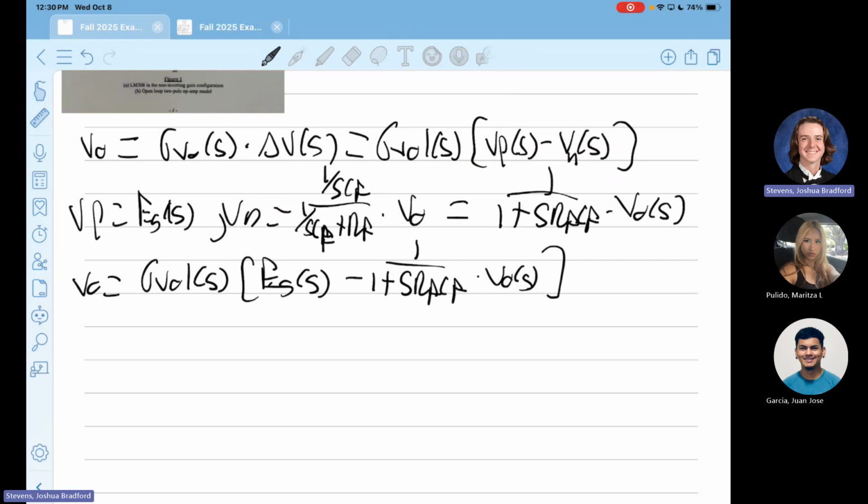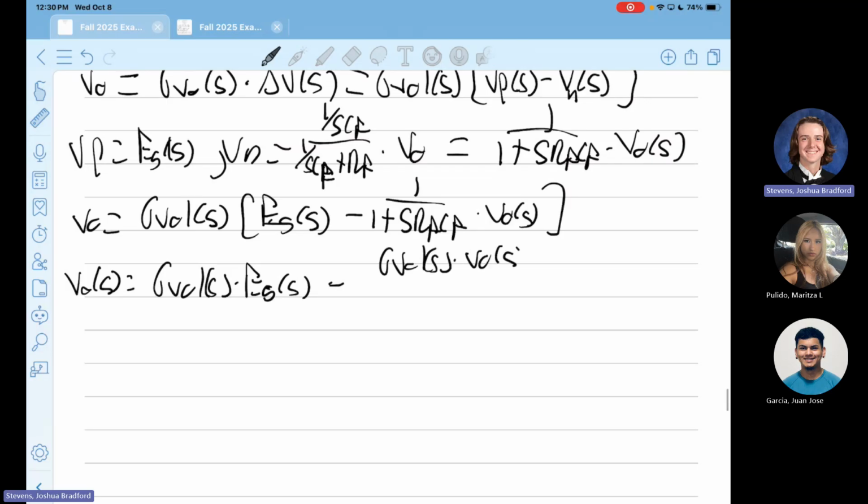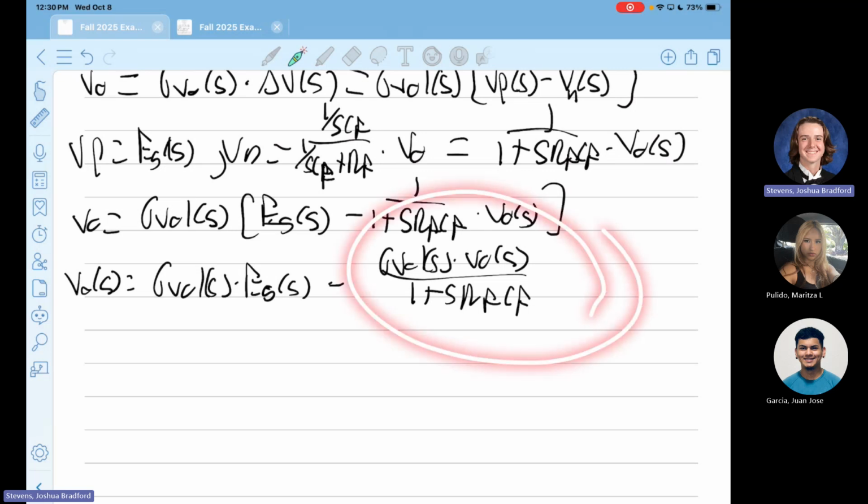Okay. Now I'm going to multiply in the G vol of S. So V out of S equals G vol of S times EG of S minus G vol of S times V out of S over 1 plus SRF CF. Now I'm going to add this over to get V out of S by itself. I'll show you why in a sec.